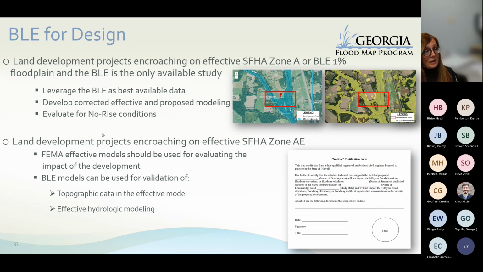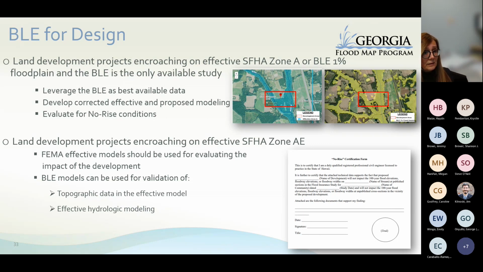And the last scenario is when the land development project is encroaching on the effective special flood hazard area zone AE. In this particular case, the FEMA effective models are still the best available data, and should be used for evaluating the impact of the development. You can utilize some of the input from the base level engineering model to validate the effective models. And one of these inputs is the topographic data.